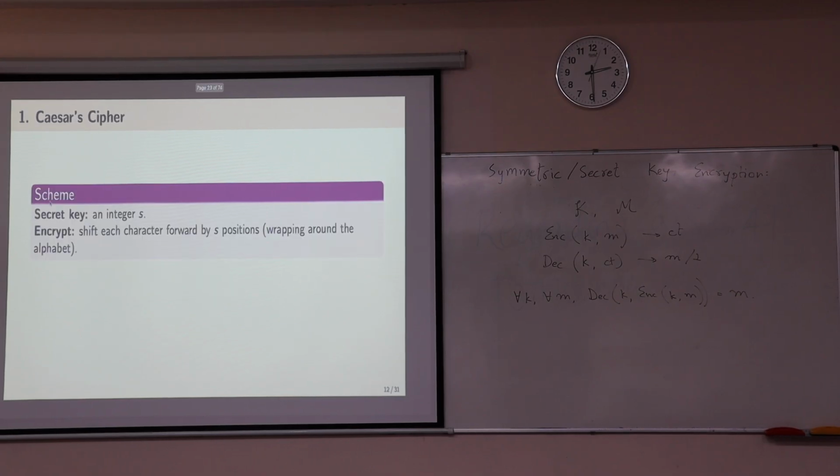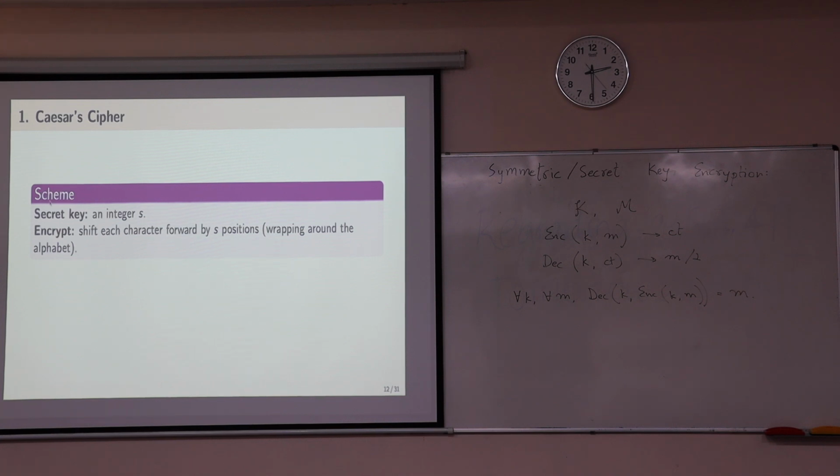All right. So one of the earliest schemes was the scheme called Caesar's cipher. Here, a secret key is, and again, throughout this lecture, I'll only be working with the English alphabet. So the secret key is an integer S, and to encrypt, you shift each character forward by S positions. Okay.